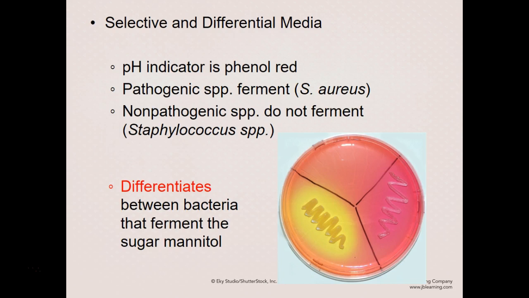So this is really important in identifying pathogenic and non-pathogenic Staphylococcus species. The pH indicator is phenol red, and so if the pH changes, phenol red will turn from a red to a yellowish color in an acidic environment.